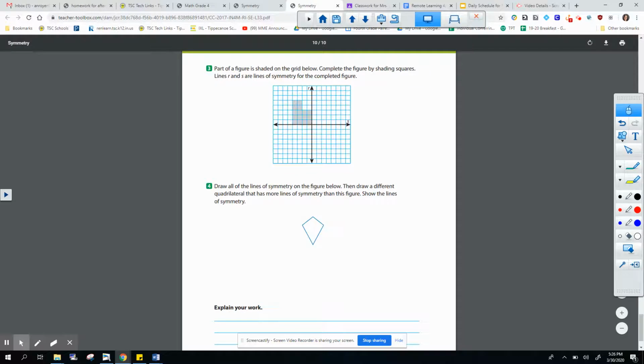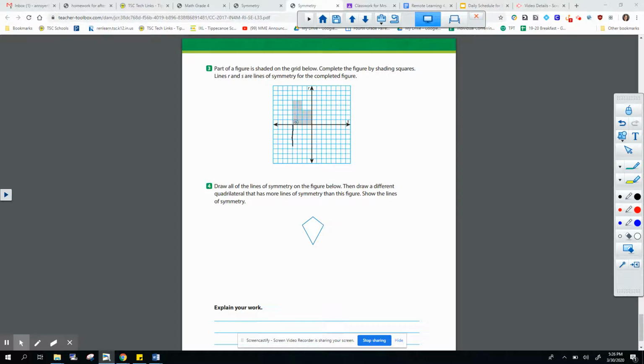Number 3 says, a part of a figure is shaded on the grid below. Complete the figure by shading squares. Lines R and S are lines of symmetry in the completed figure. So if line S is a line of symmetry, then I would have to go this way.